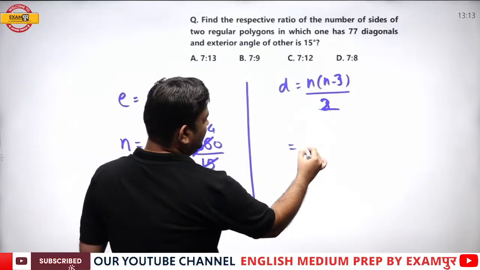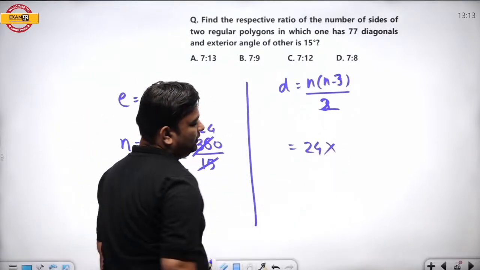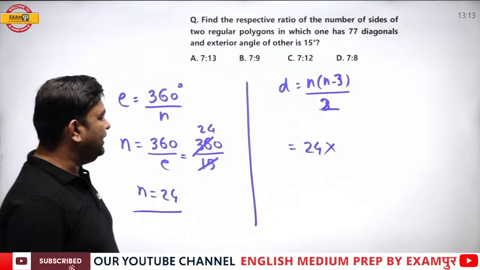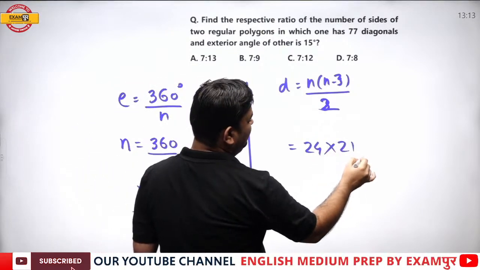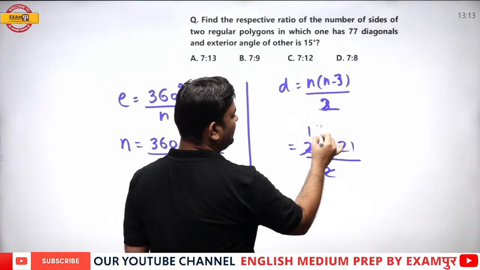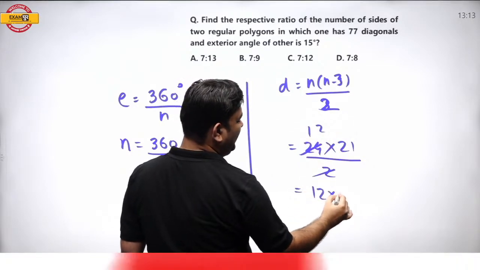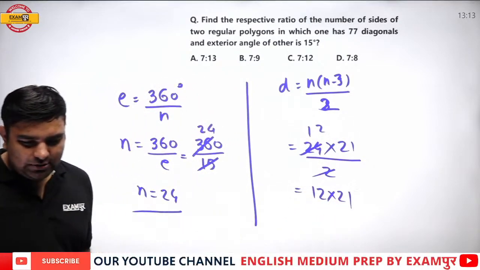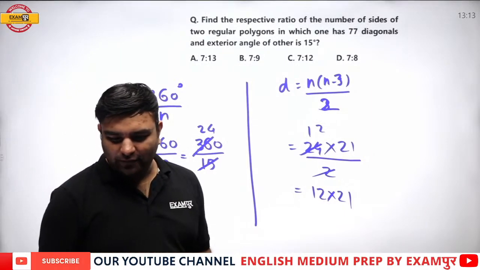So, 24 into 21 divided by 2. 12 into 21.